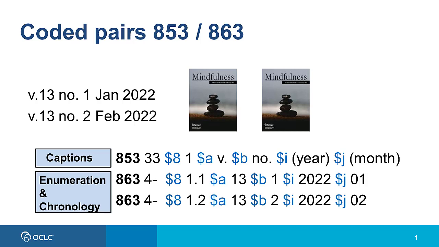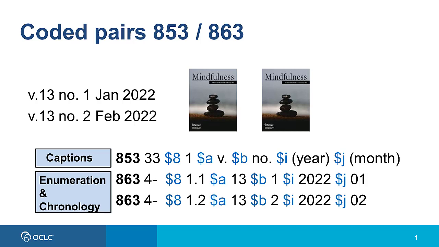This local holdings record is recording holdings at level 4, all levels of enumeration and chronology. So you can also see for the 853 captions, I have subfield I for year and subfield J for month. These are in parentheses so that the actual word year does not display in Discovery, but the actual year, which will be in the 863, will display.